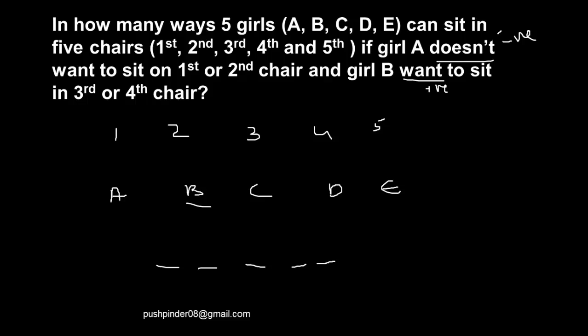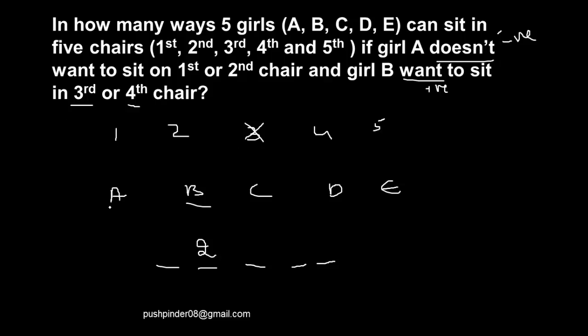Now how many ways can you make girl B sit? She can either sit on the third chair or on the fourth chair. So there are two ways in which girl B can sit. Now let's suppose she sits on the third chair. So third chair is already gone, right? Now girl A does not want to sit on first or second chair.